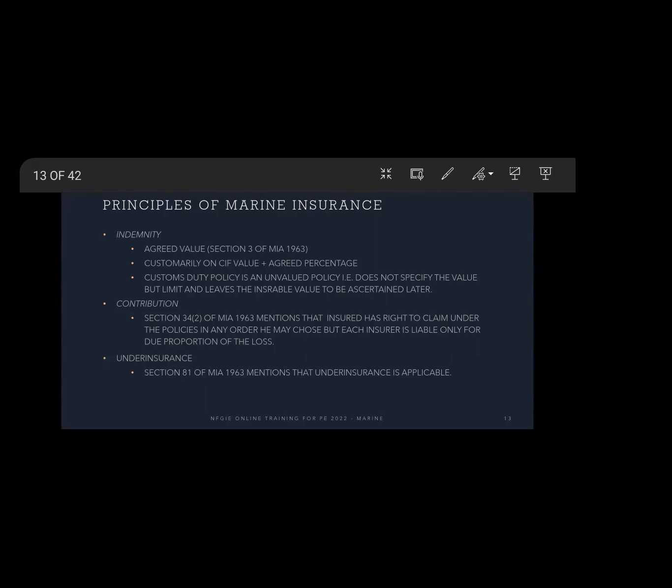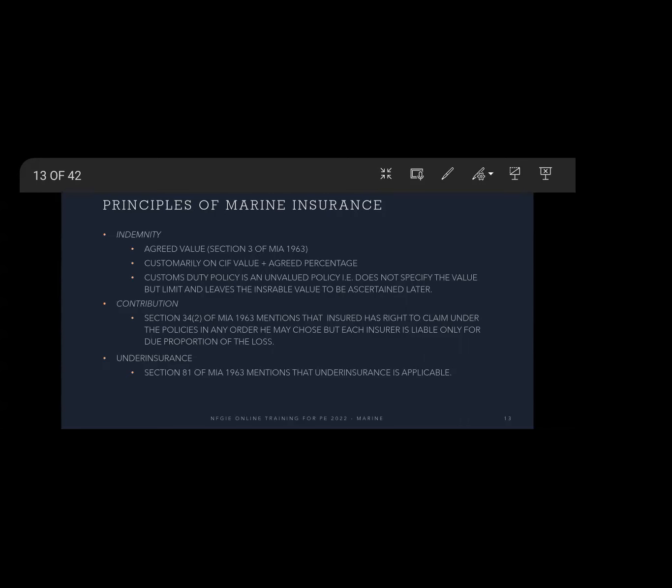As far as the basis of valuation is concerned, it means the prime cost of the goods, other than that, we will add the insurance money, other than that, we will add the freight money, and other than that, we will agree to a percentage. Generally, that percentage is 10%. CIF plus 10%. Normally, whatever is the invoice value, we will load it by 10% and settle or agree to such values.